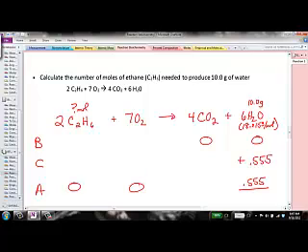Okay, so now, all right, let's just take a look at how are we going to get from there to the ethane. Well, it says for every 2 moles of ethane, I get 6 moles of water. So I get 3 times as much water. The change in the water should be 3 times the change in the ethane.